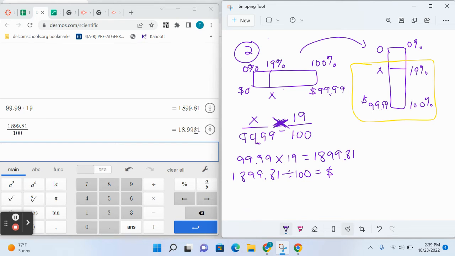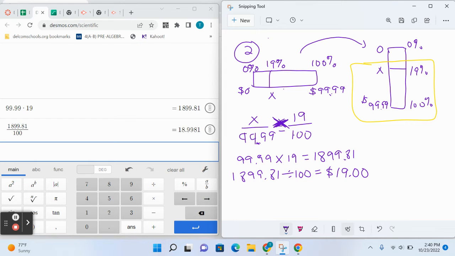Since that 8 is 5 or bigger, we've got to round it up a penny. We're going to have to say that that's $19. You remember we talked about 4 or below, leave it alone. 5 or above, give it a shove. So $19 is the discount.